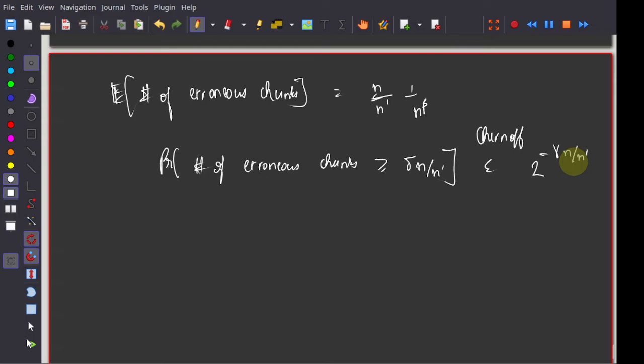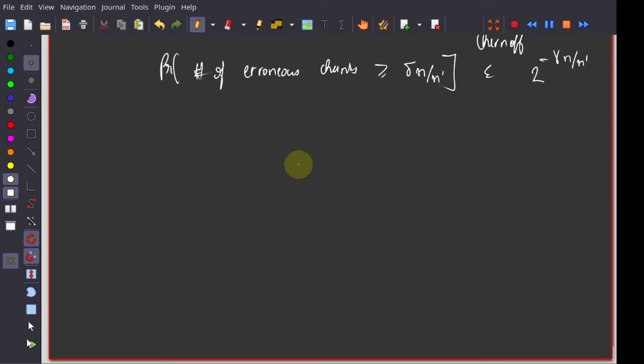So this is the probability that the number of chunks in error is greater than or equal to this. This is only if I use this good code for encoding and decoding each particular chunk.